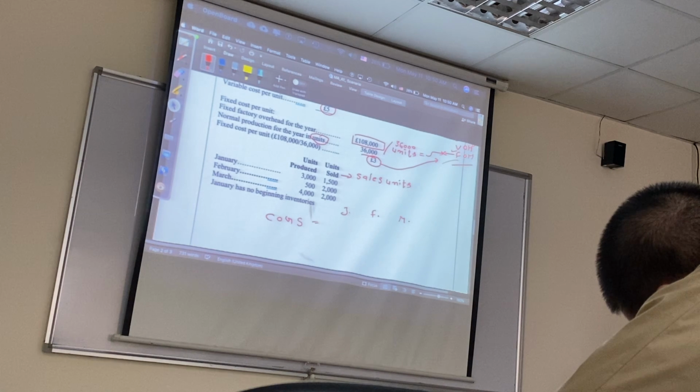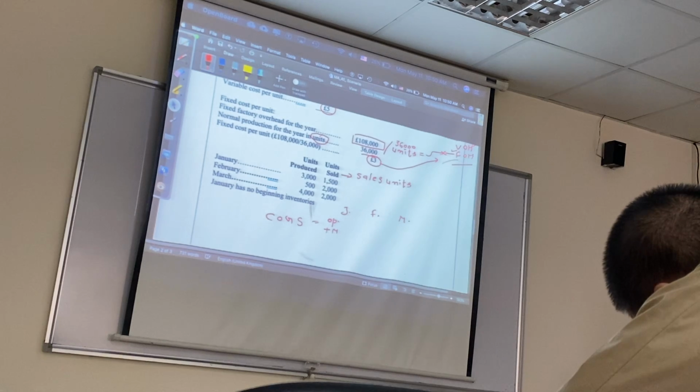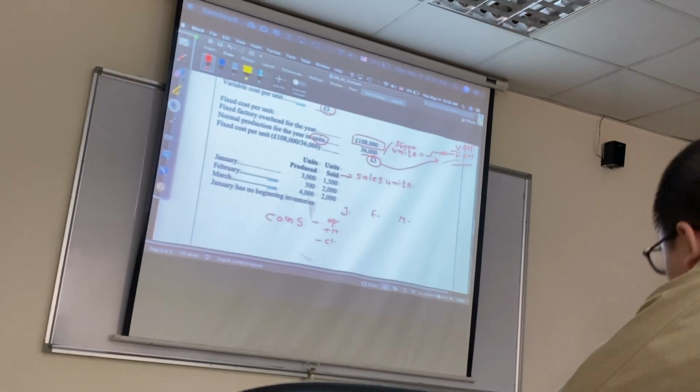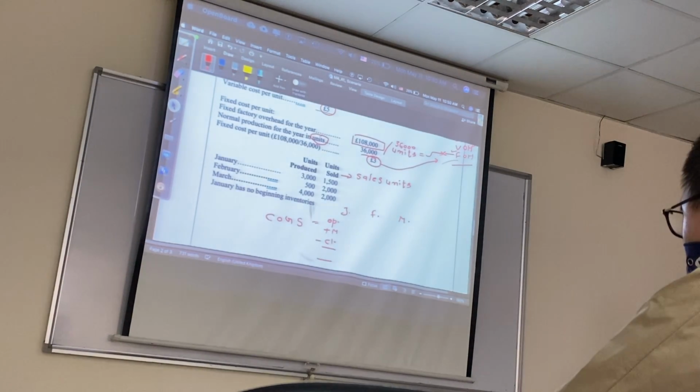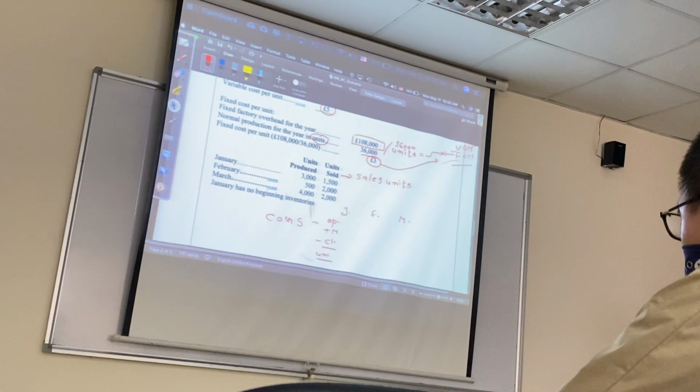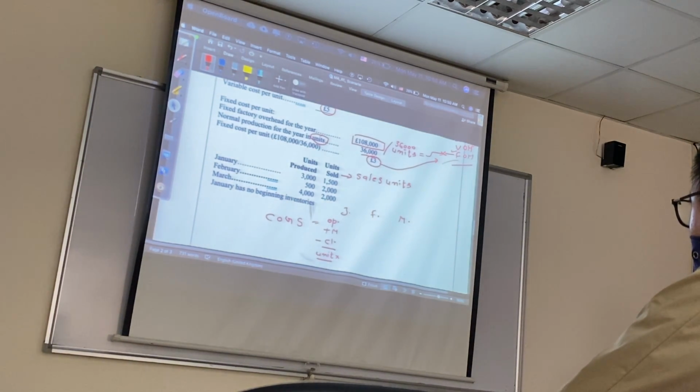When you calculate for January, opening plus material purchase, material produced, less closing. And then you got units. Units multiplied by cost per unit, which is here. Cost per units.